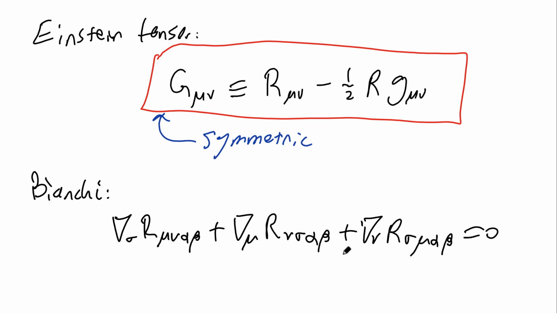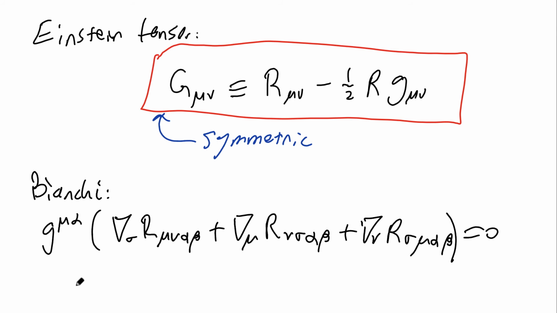Now let's take this expression and contract on μ and α. In other words, let's multiply everything by g^{μα}. Remember, the metric as well as the inverse metric can pass right through the covariant derivative.